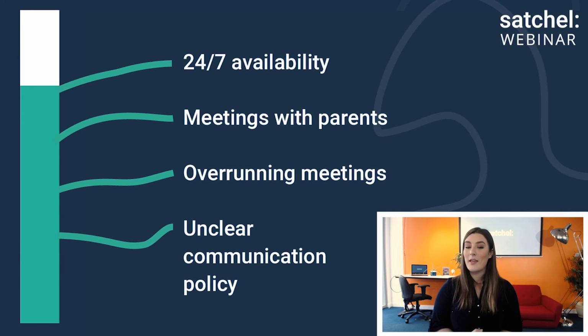Meetings with parents. Parents often find it hard to communicate with teachers or find the information that they're looking for. This means more time is wasted arranging meetings or speaking over the phone with parents. Pointless staff meetings. Long staff meetings increase teacher workload drastically. By having long, unregulated meetings, the school could be putting teaching quality at risk.